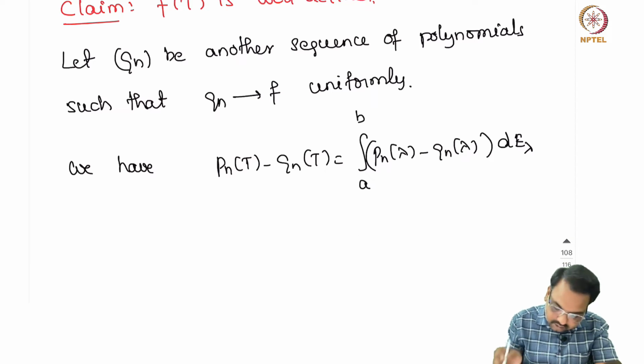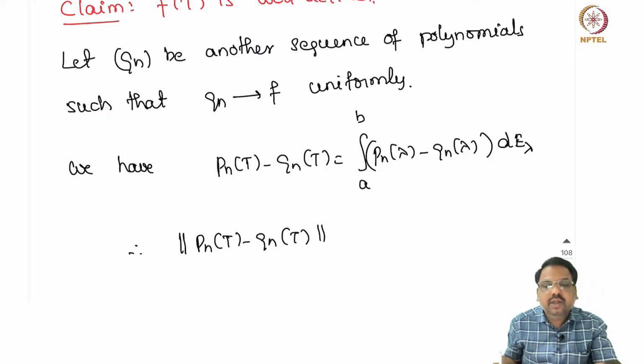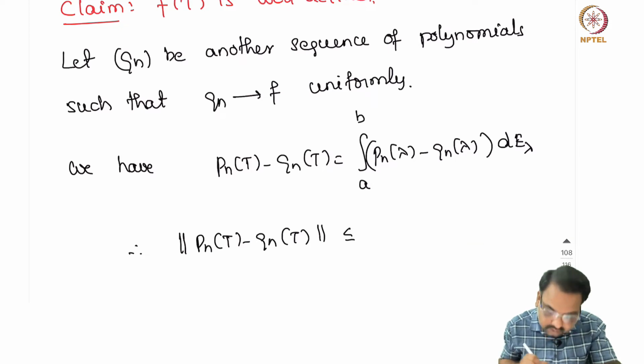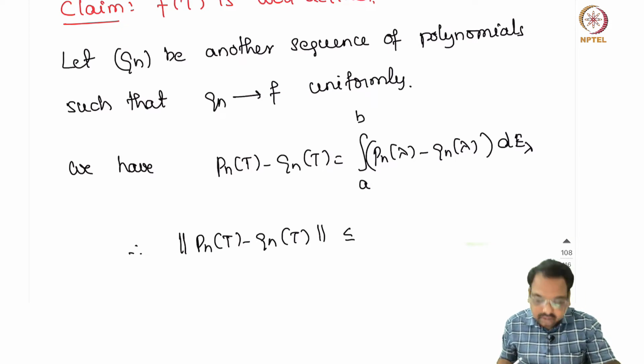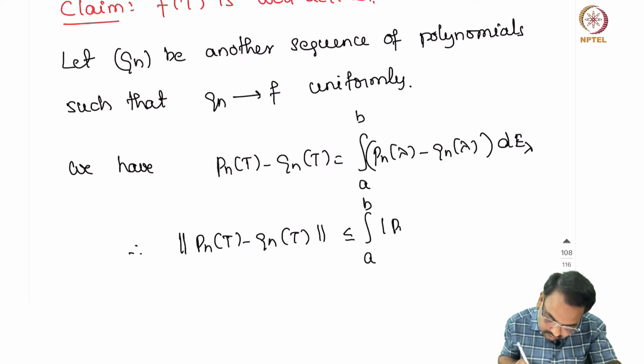So from this we can say that the norm of Pn of T minus Qn of T, now this is a polynomial in T, so that is less than or equal to the norm of the polynomial. In fact we can say that this is less than or equal to the integral from a to b of the modulus of Pn lambda minus Qn lambda dE lambda.